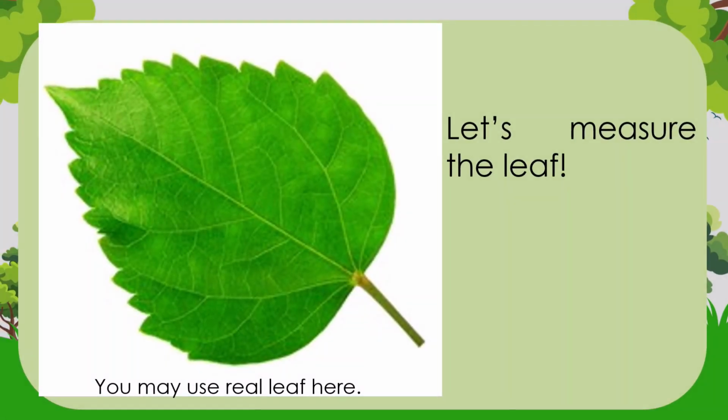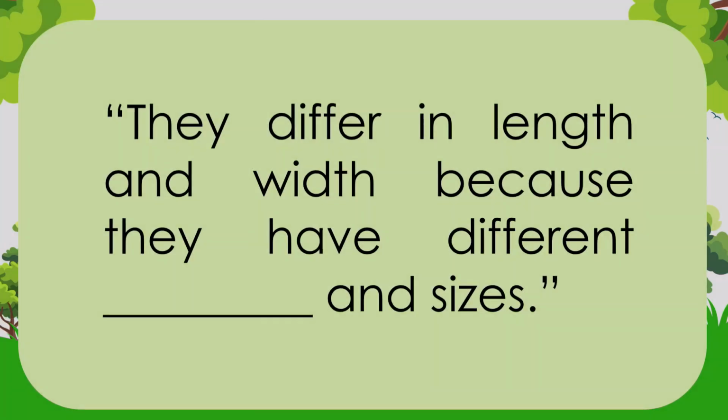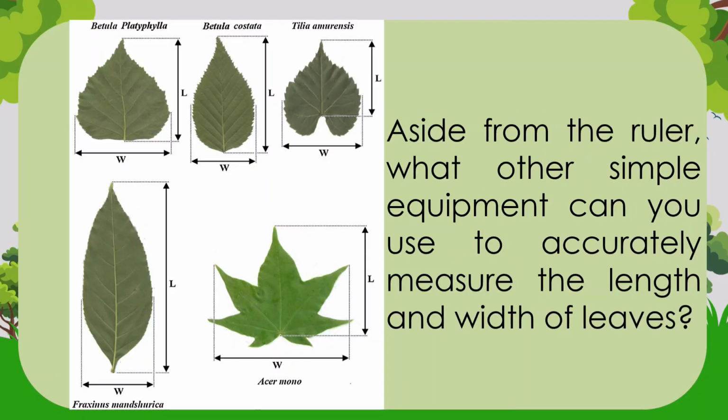Now let us measure the leaf. Do leaves have the same length and width? They differ in length and width because they have different shapes and sizes. Aside from the ruler, what other simple equipment can you use to accurately measure the length and width of leaves?